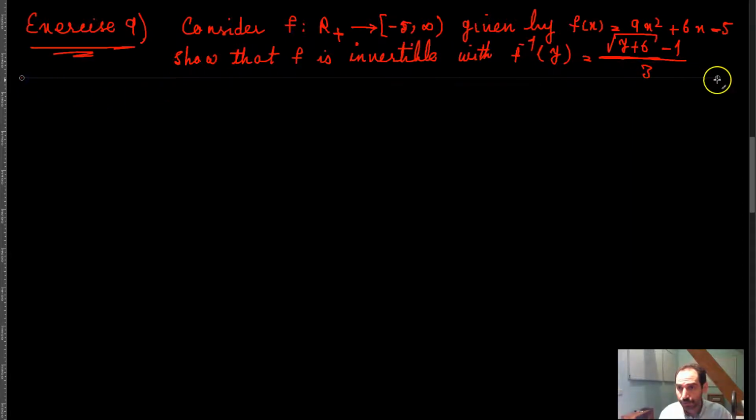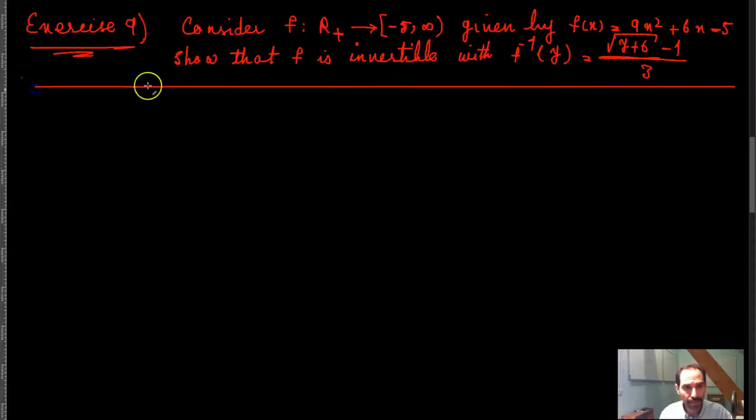So now in order to solve this problem, I have tried, you wouldn't get anywhere if you try to prove that f is 1-1 and onto. If you try to prove that f is 1-1, you would get into trouble.